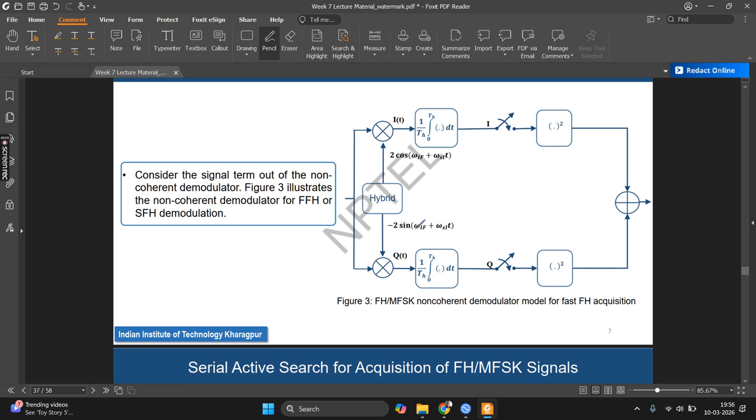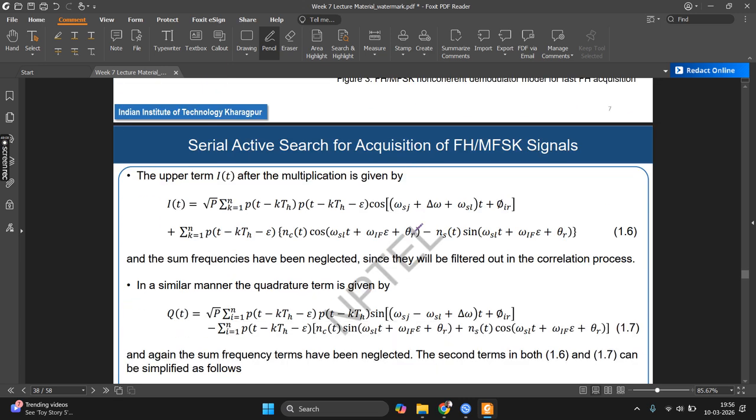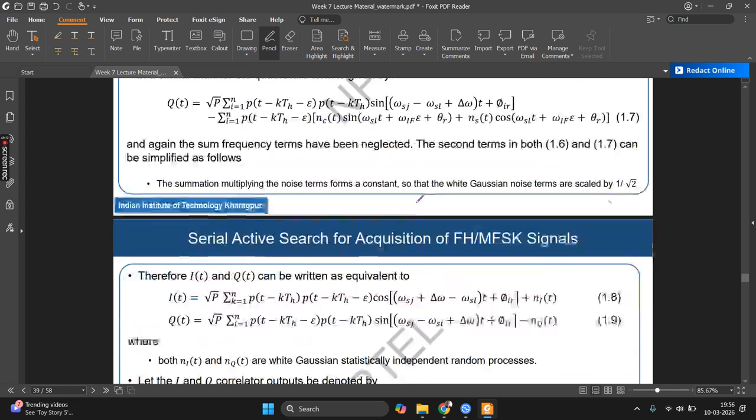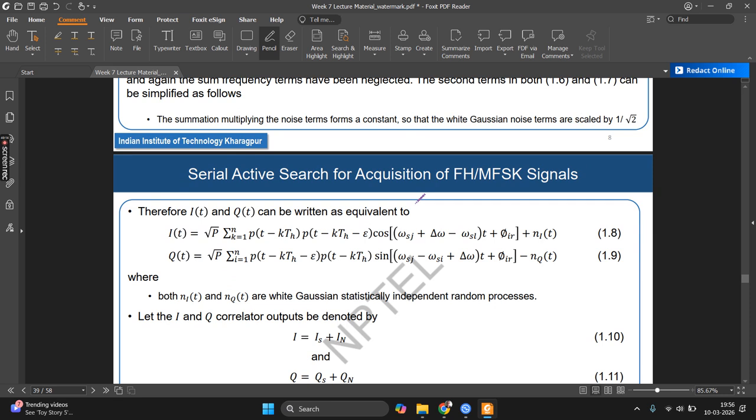So this is the non-coherent demodulation. Now if you simplify that, the in-phase and quadrature components can be neatly written like this. It is the product of two pulses. One is p(t minus kth), another is p(t minus kth minus epsilon). Since epsilon is very small, you can say it is like a square of a pulse.